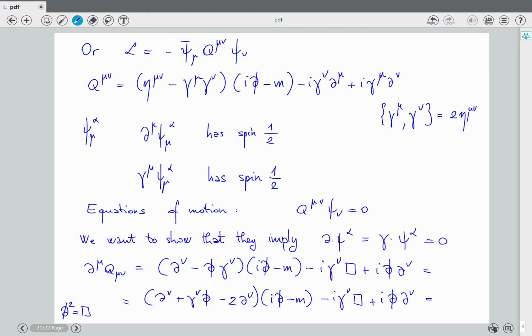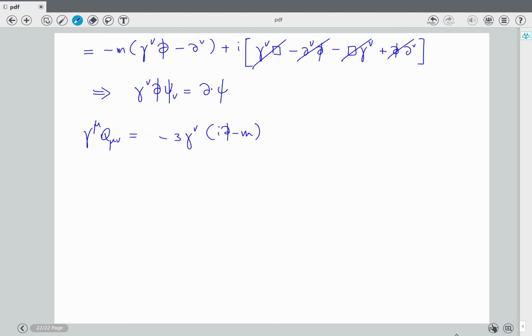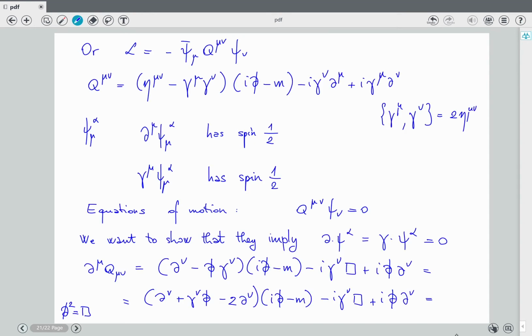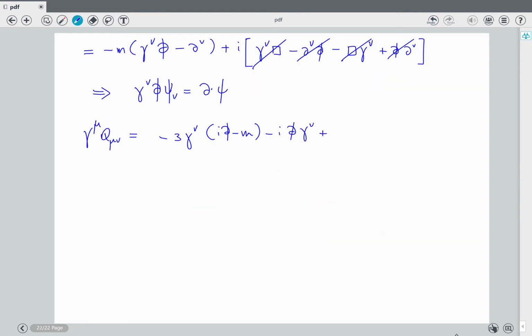Then, contracted with γ, here we have minus i∂̸∂^ν, plus 4γ_μ ... equal to 4i∂^ν.